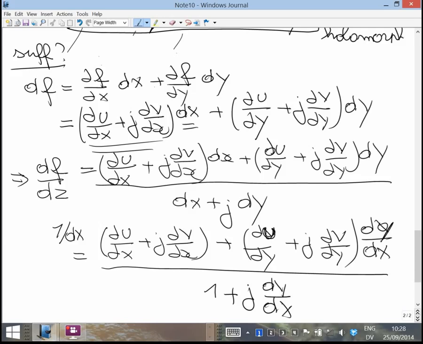So far the only thing we've done is just some symbolic manipulation of these quantities, juggling around with some terms and factors. But what we're essentially after is that we need to prove that if the Cauchy-Riemann conditions are fulfilled, then the derivative here is independent of the direction of approach.